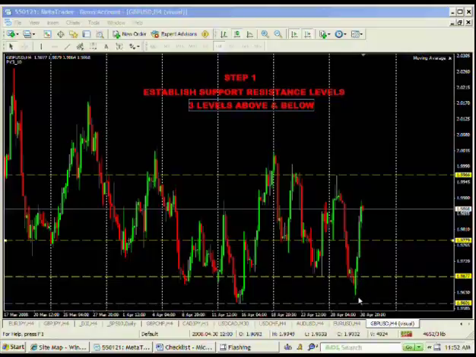So the impulse that's going to take price up to here starts at this level. This is where the burst comes from to initiate momentum that will take price up to this level. And what happens at this resistance level determines if the impulse will take us up to the next resistance level, or if we're going to turn and go back down and test the next support level below.